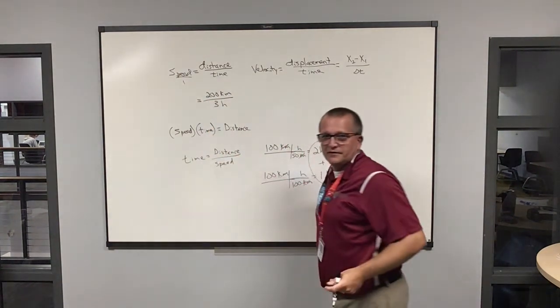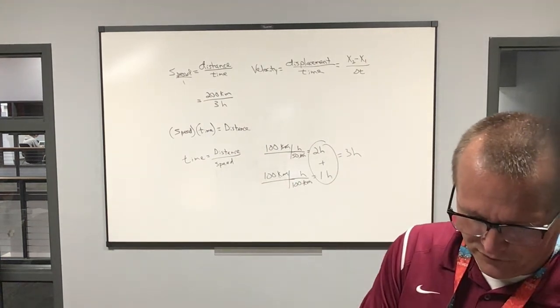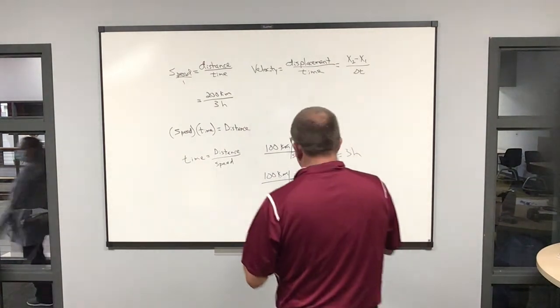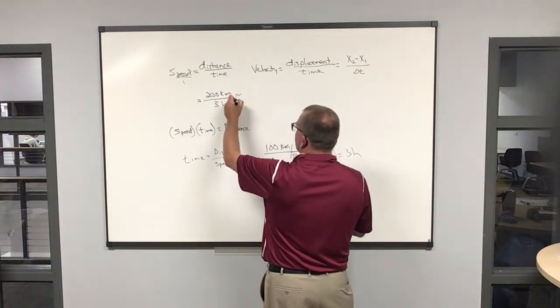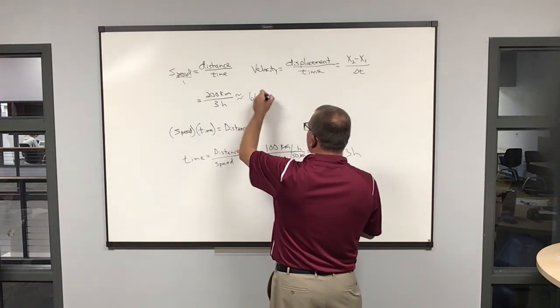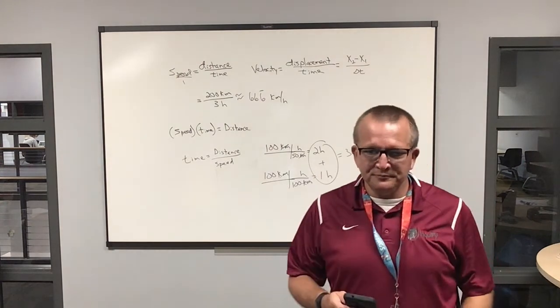So 200 divided by 3, and we can find our average speed for the trip. I get 66.6 repeating kilometers per hour for my speed.